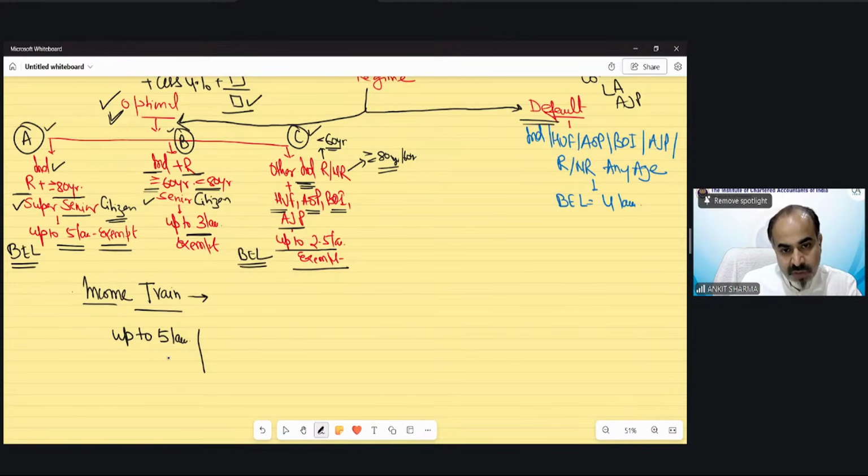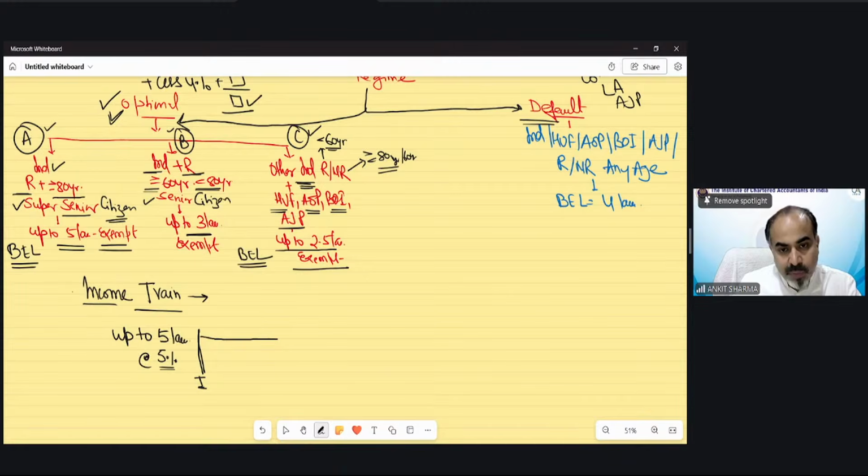So if the income is up to 5 lakh rupees, then the rate of tax would be 5%. This is our first platform. So in category A, B or C, if income is up to 5 lakh rupees, then tax at 5% is going to be charged.